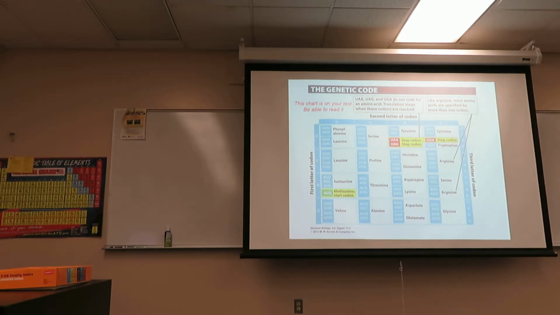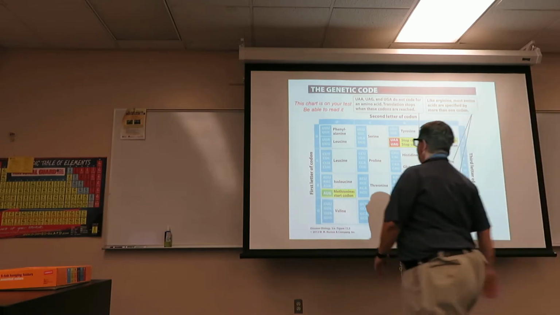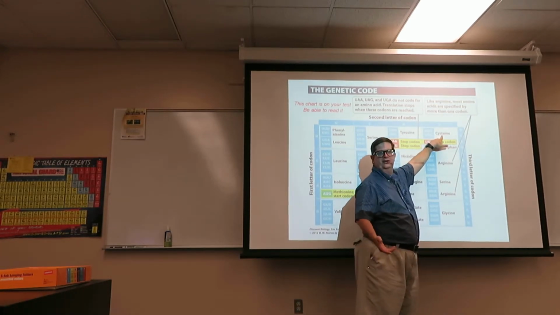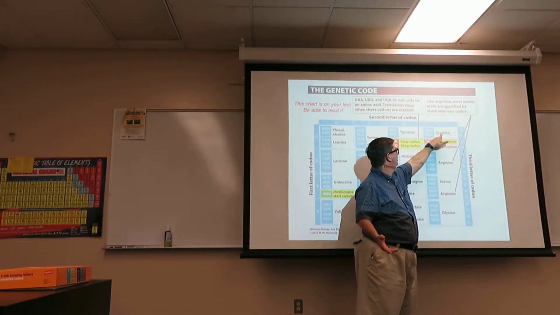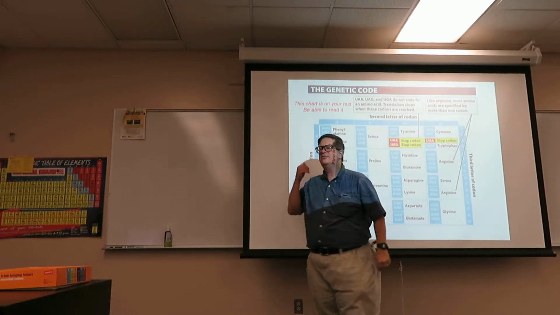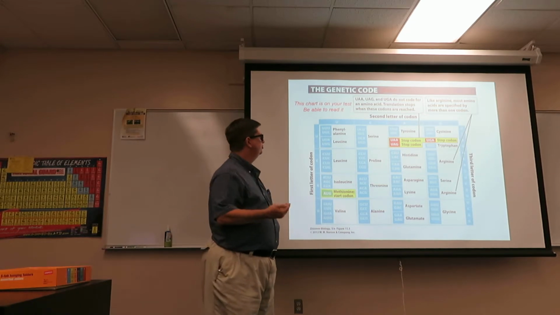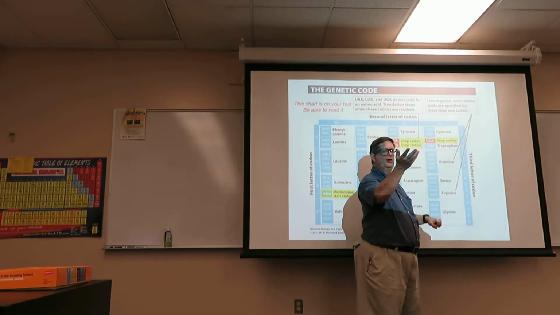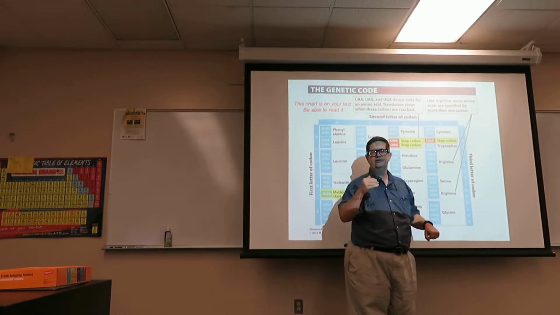Okay. UGU, perfect. So we come down to the U's, we go over to the G's, UGU. It's a cysteine. Everybody good? Okay, it's right here. UGU is right there. That is unambiguous. There is no question what it means. We know exactly what we're looking at. Do we agree? That's unambiguous.